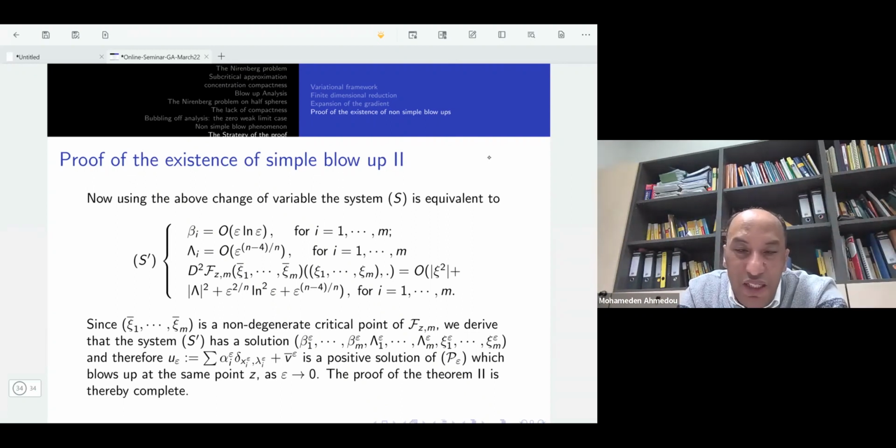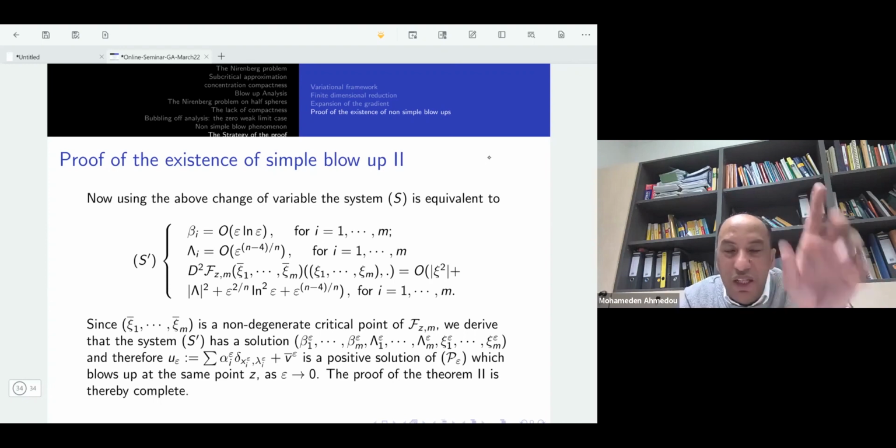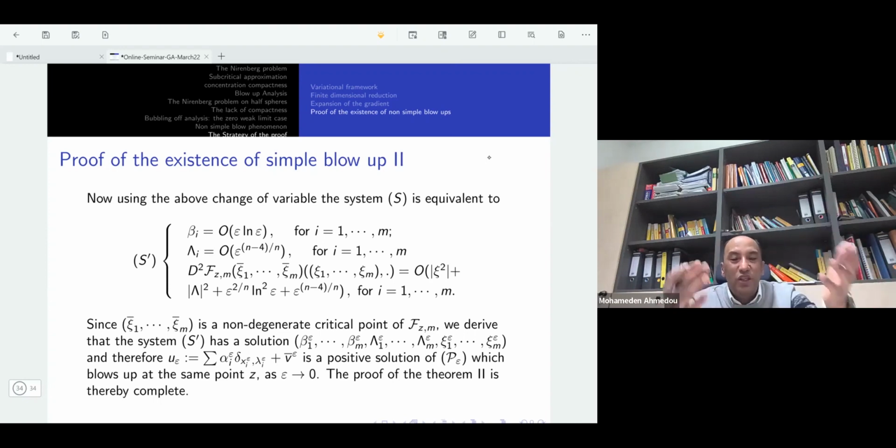So you can see that the norm of psi is smaller than this one here. This is a typical situation where you can apply the Brouwer fixed point theorem, and you find the solution. So this is the strategy of the proof, roughly explained.